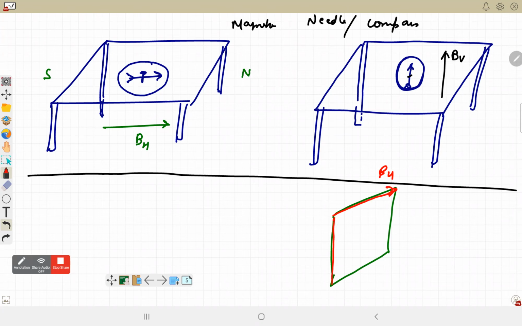So horizontal component will be BH and vertical component will be BV, and this plane will be called magnetic meridian at any place.